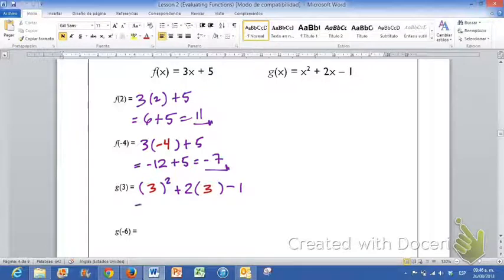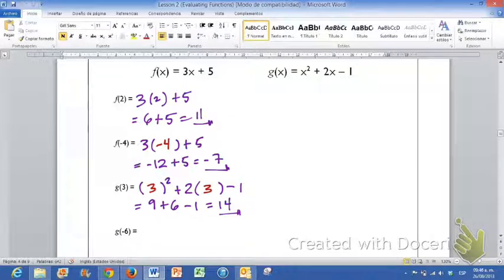Okay, so I find the square of 3 is 9 plus 2 times 3, which is 6, minus 1. So what is the answer? 9 plus 6 is 15, minus 1 is going to be 14. That's the answer.